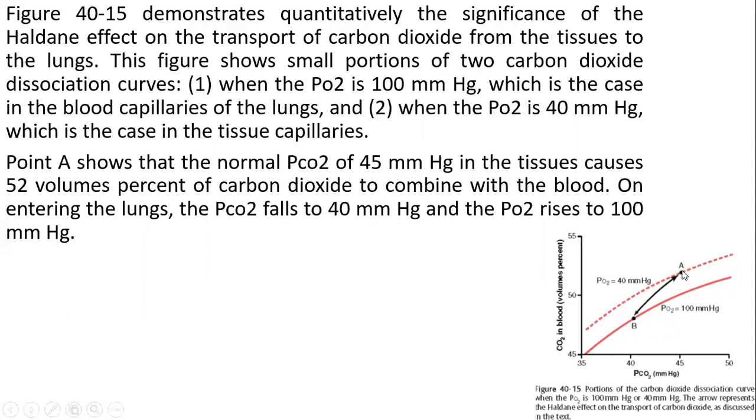Point A shows that the normal PCO2 of 45 millimeter mercury in the tissue causes, اللي يقابلها هاي هي 45 بالpoint A، يقابلها 52 volume percent of the carbon dioxide to combine with the blood.